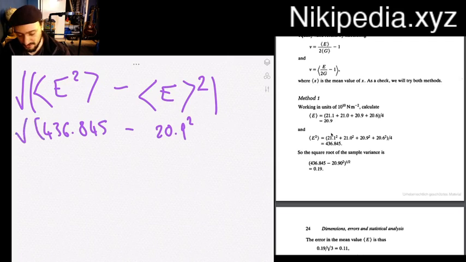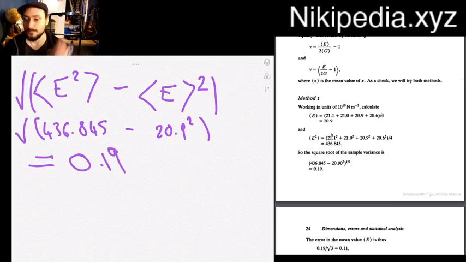Just to make that extra clear, we get a value of 0.919 for the simple variance.